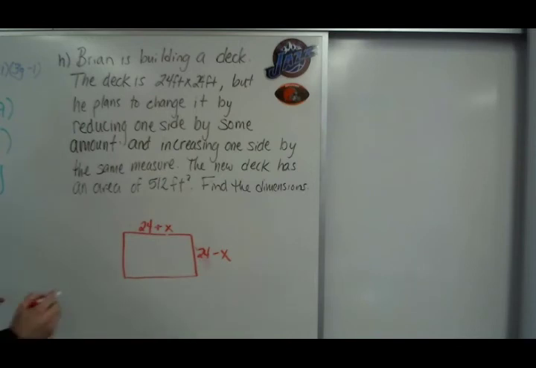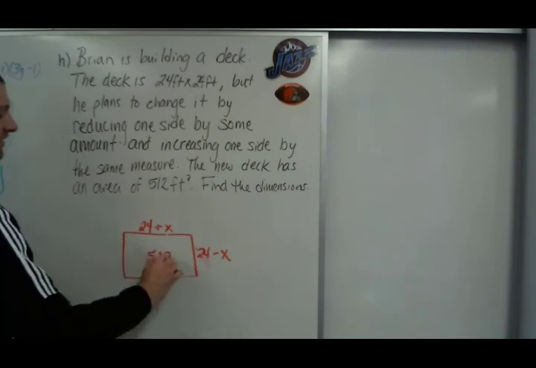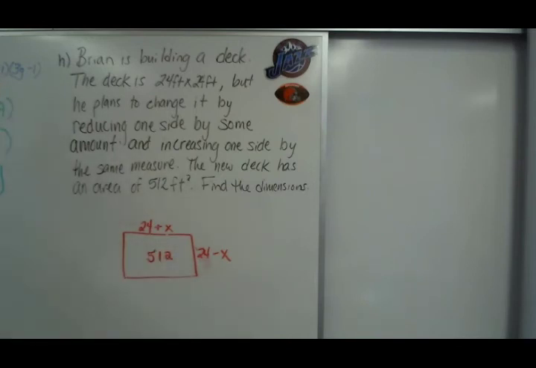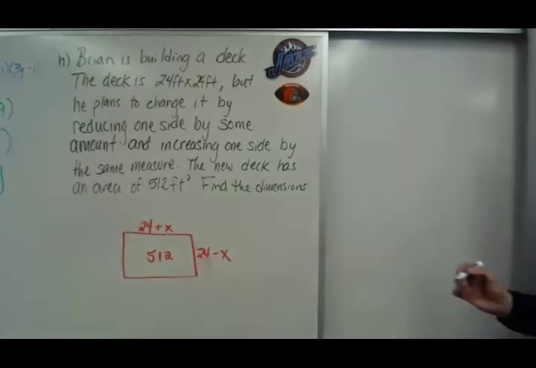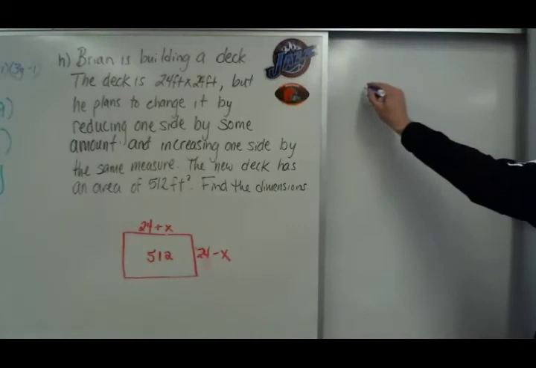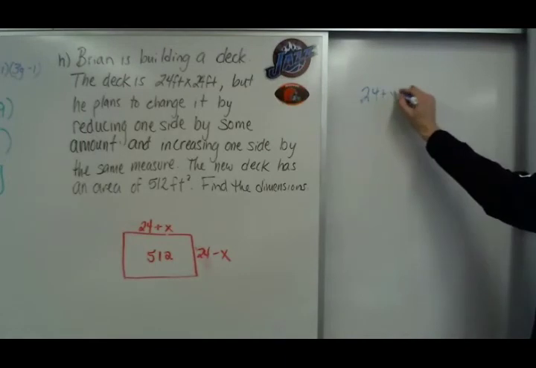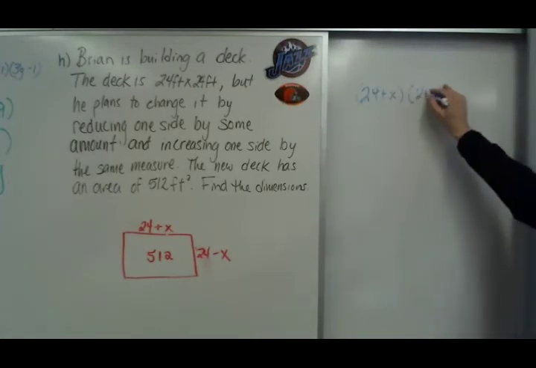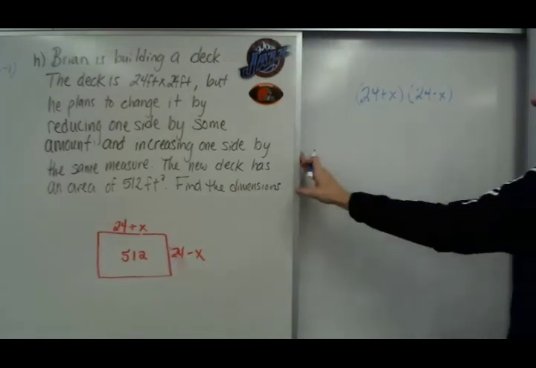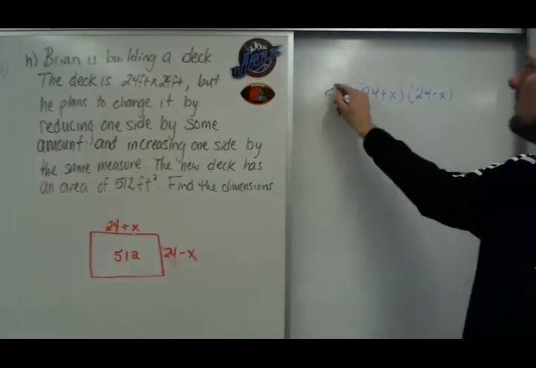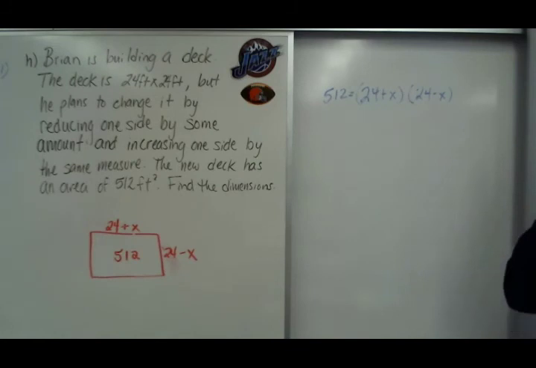Now what that tells me is my new area is 512. Well, area is length times width. So here's my length, here's my width. If I multiply those two things together, I've got 24 plus x times 24 minus x, and that equals 512.